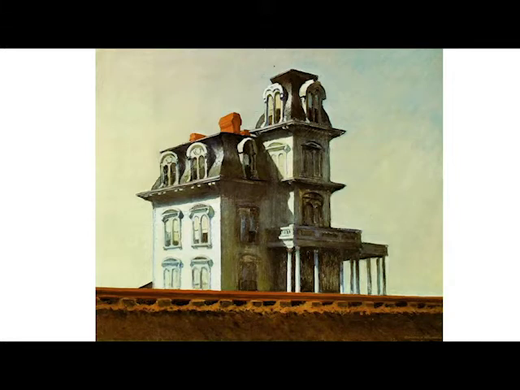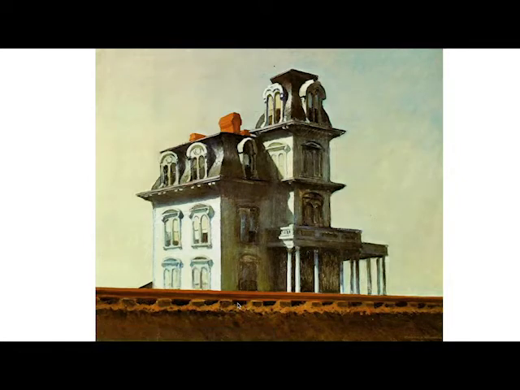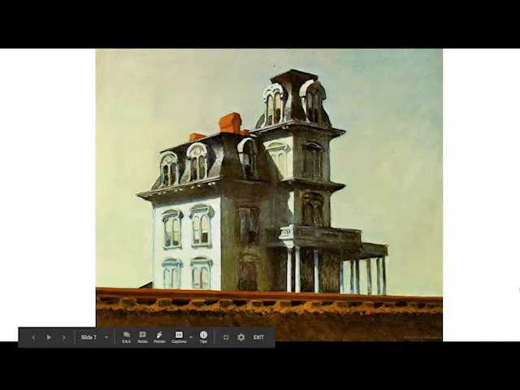Can you imagine standing in the painting? What do you think you would see? What do you think you would hear? Did anyone notice what's right in front of the house? Down here? What is that? A railroad track. So I'm wondering if you would hear a train coming in the distance.